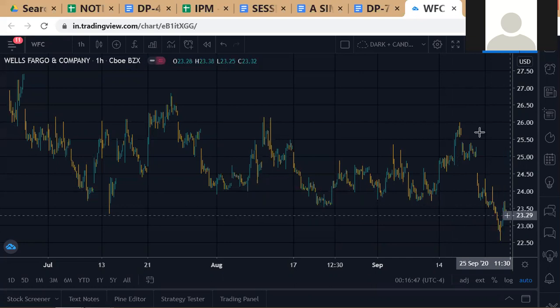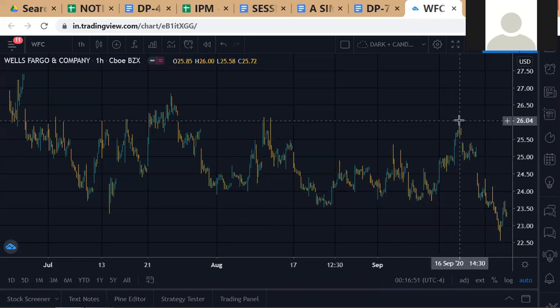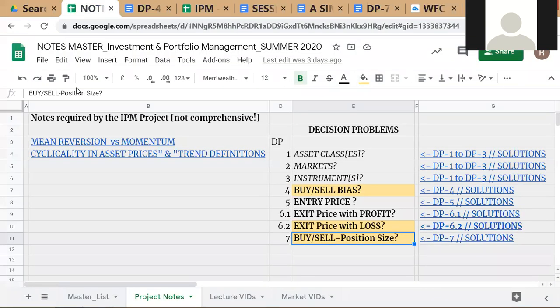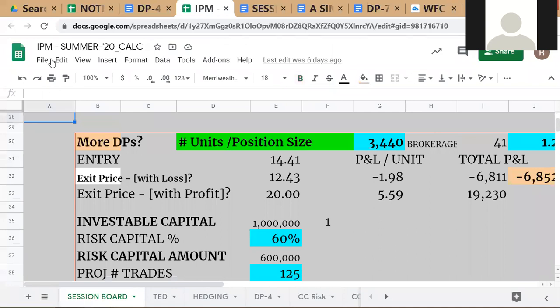We take the market entry price and the exit price with the loss. We put the exit price as 26, and the entry price as 23.5. So when we are going short, we are going short at 23.5.